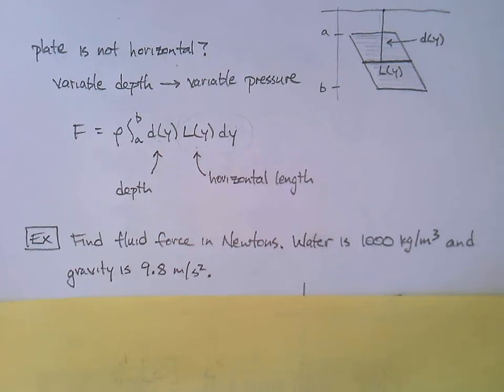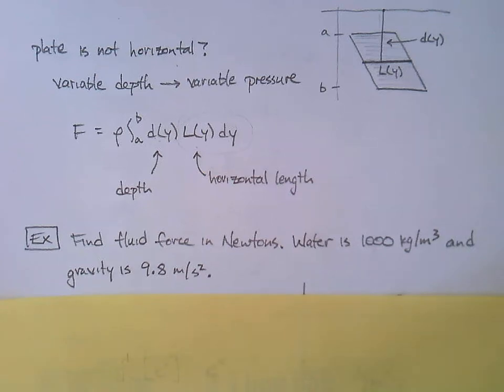Some people maybe prefer 9.81, a little bit more precise, but I'm just going to keep it simple at 9.8. And in that previous question you saw where we were using pounds, I'll always remind you that water is 62.5 pounds per cubic foot when we're using those units.